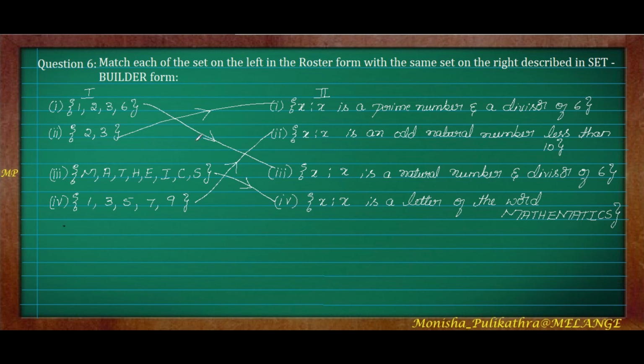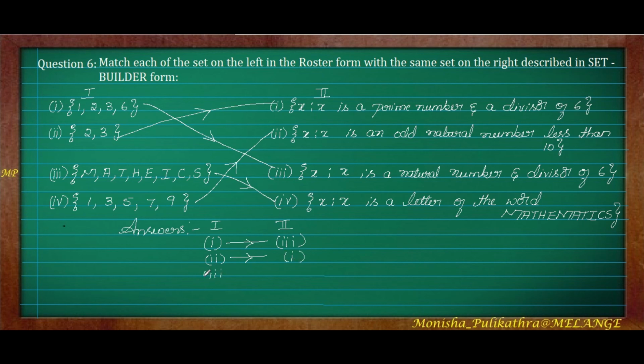Okay. So either you can match it like this or you can write the answers directly. So the answers are here: the first one matches the third one, and the second one matches the first one.